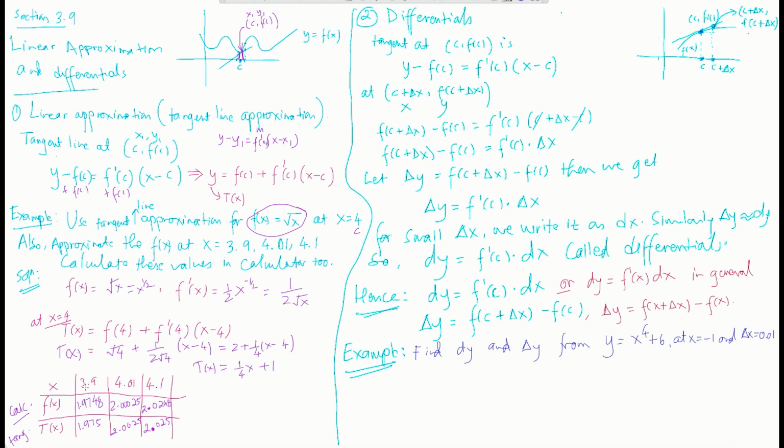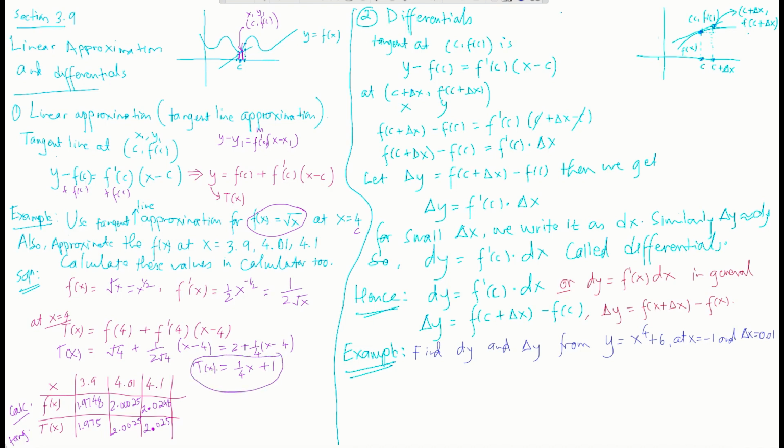I took 3 points, 3.9, 4.01 and 4.1. I want to see whether these two values are equal or not. Basically they should be almost equal, they should be close, okay? So what I did, I used the calculator for f(x) equals root x, and I used root under 3.9, root under 4.01, root under 4.1, and I found these values. And then T(x) is basically this equation. I use this equation, okay?